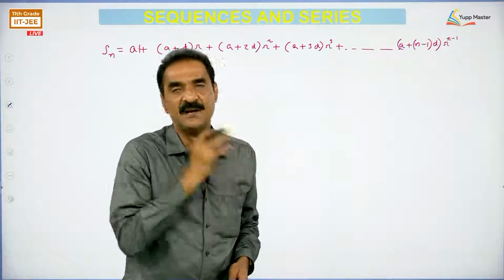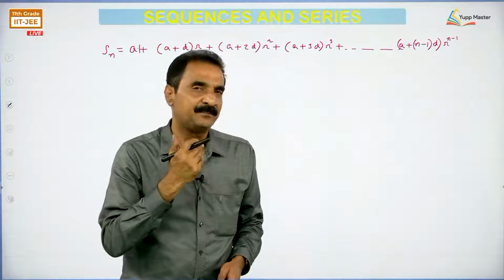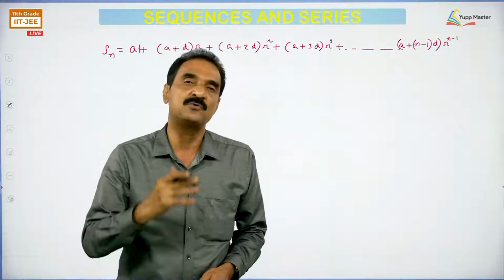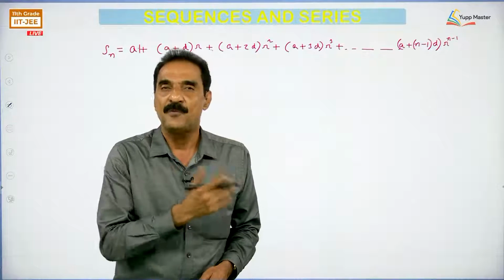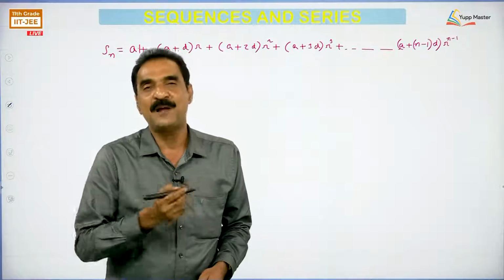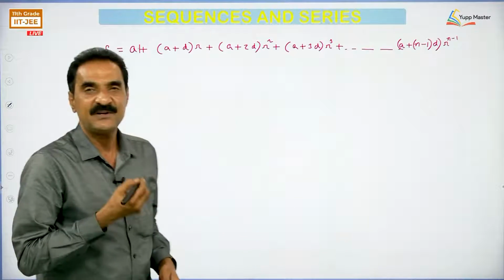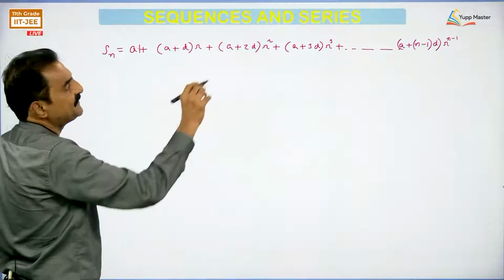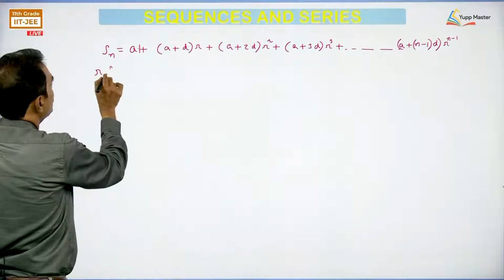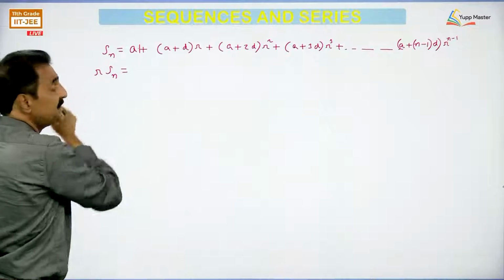First factors are in AP of course, but whatever be the first factors, if the second factors are in GP, we have to follow a method to find the sum of the series. What is that method? Multiply both sides by the common ratio and subtract.